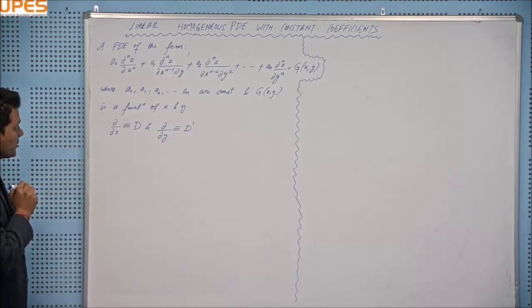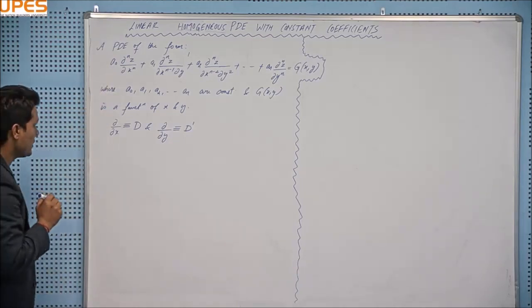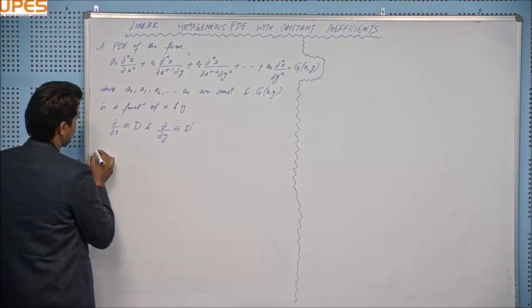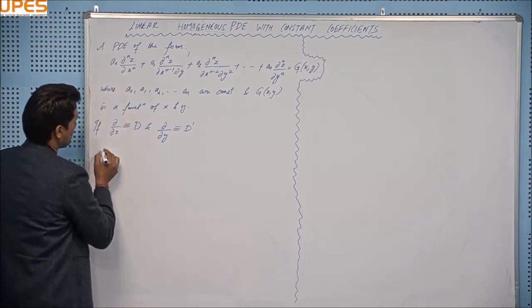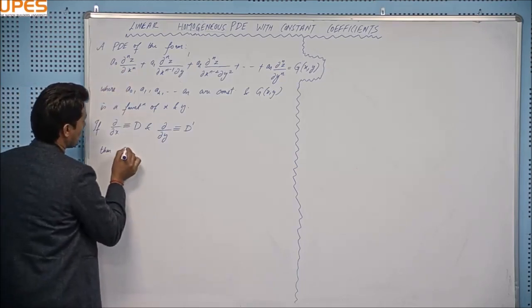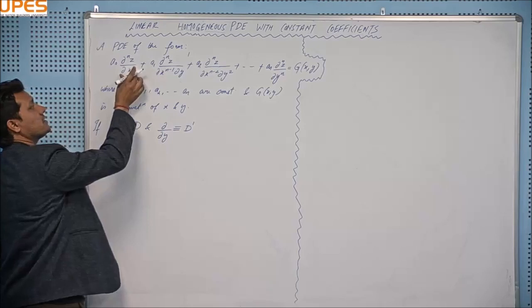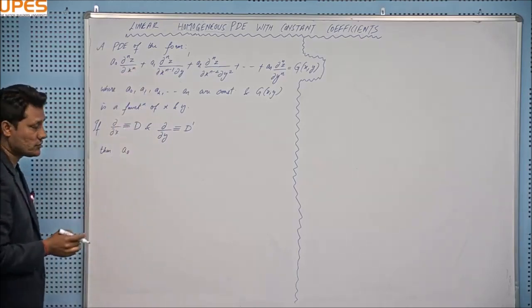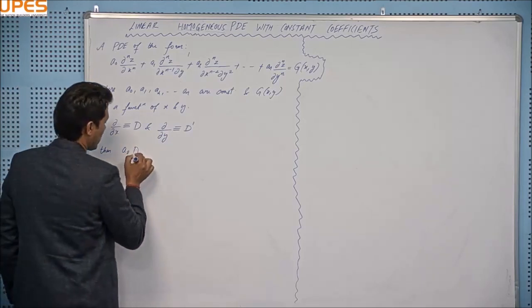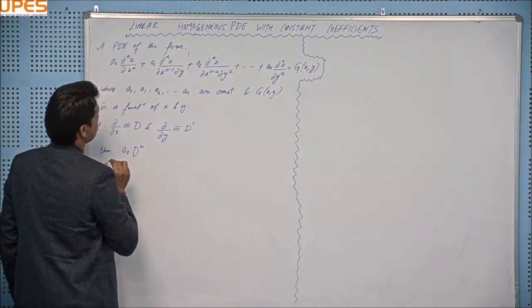Then this equation can be written as a0, the nth order derivative with respect to x, and del by del x is denoted by capital D, so I should write D to the power n.